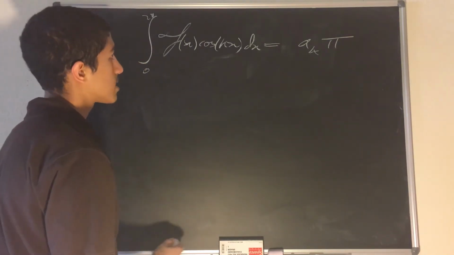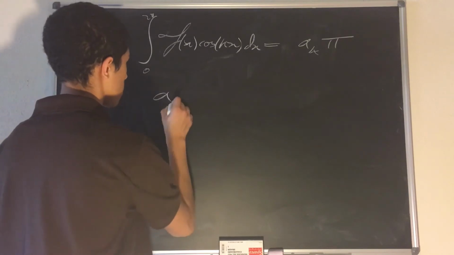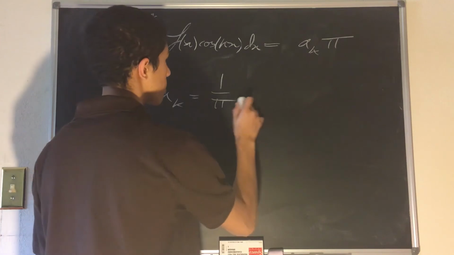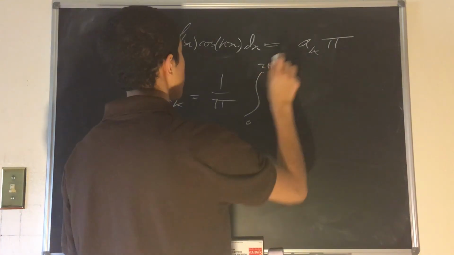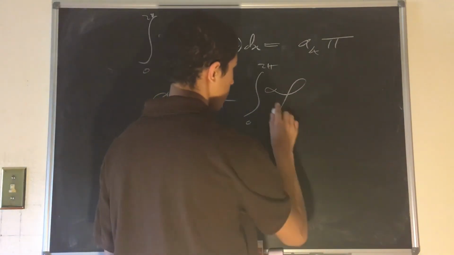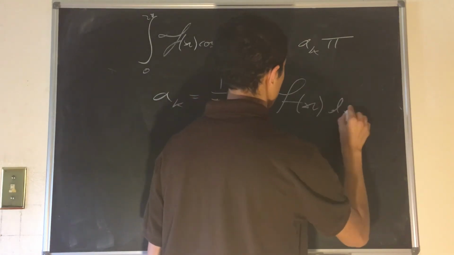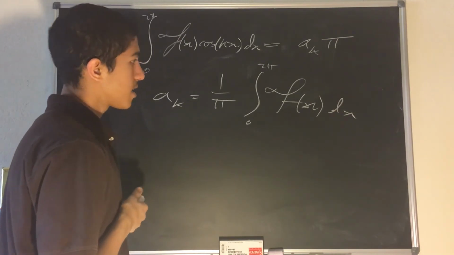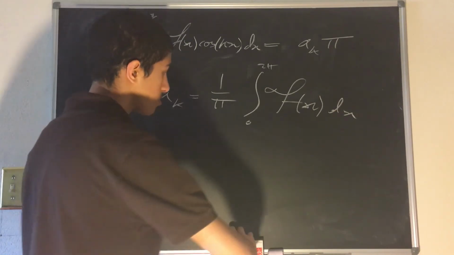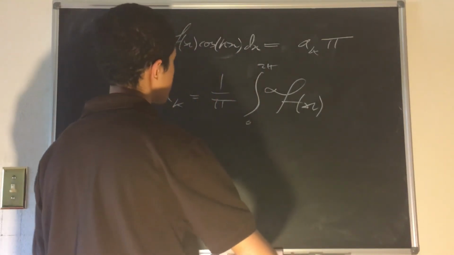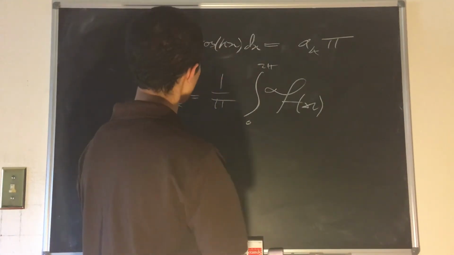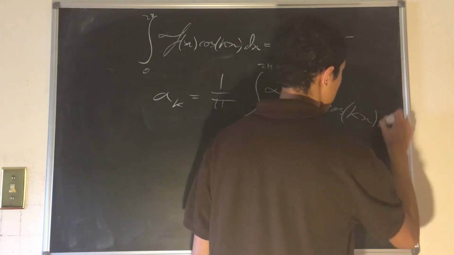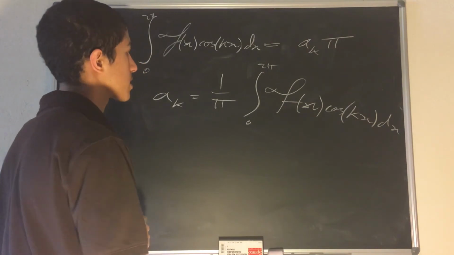Well, let's isolate a sub k. a sub k is equal to 1 over pi, integral 0 to 2 pi. This is a very hard step. f of x dx. My god, that was hard. Alright, well, now comes the... Oh, my apologies. f of x times cosine kx dx.